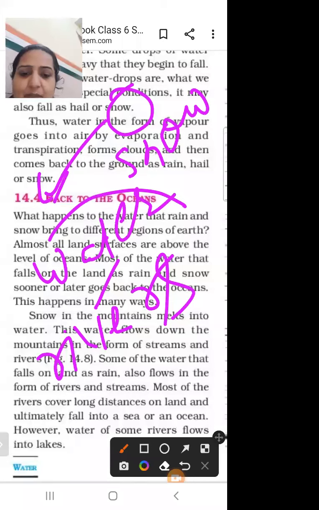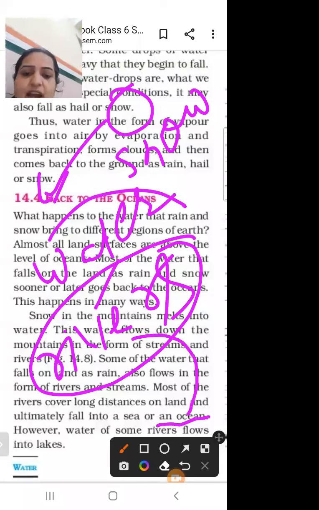And most of the rivers cover long distances on land and ultimately fall into the sea. So river water meets the ocean. So finally it goes into the ocean.